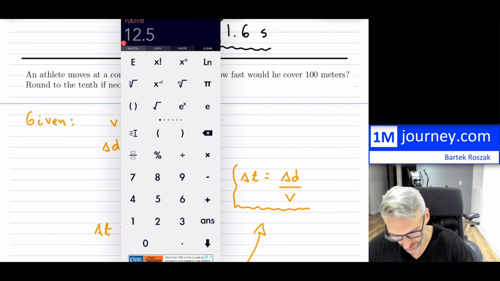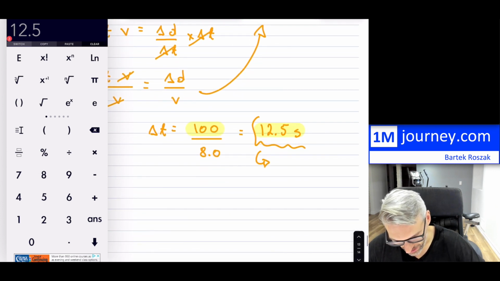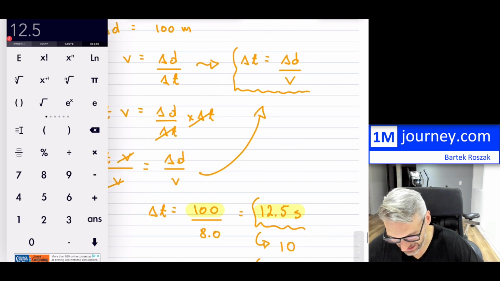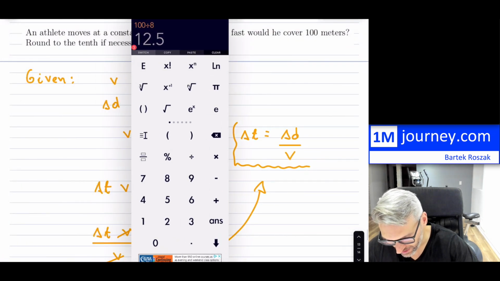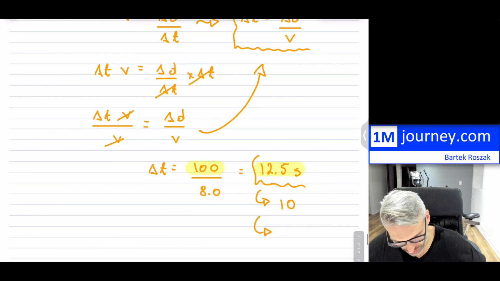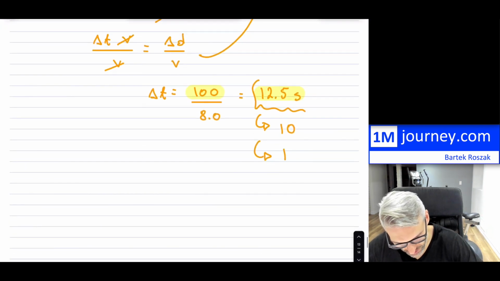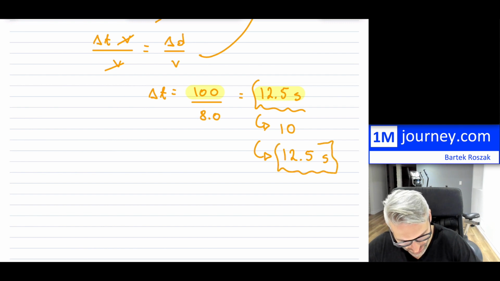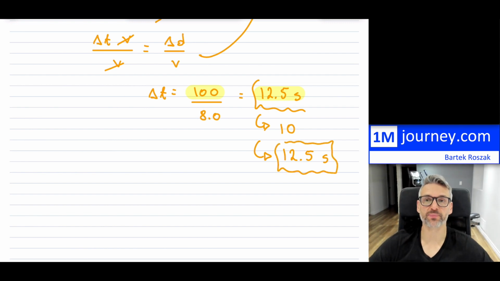Round to the tenth. If you wanted to round to one significant figure, the answer would have been 10. But rounding to the tenth, this is already to the tenth, so you can just leave it as it is. All right, so there you have it. That would have been the answer to this question.